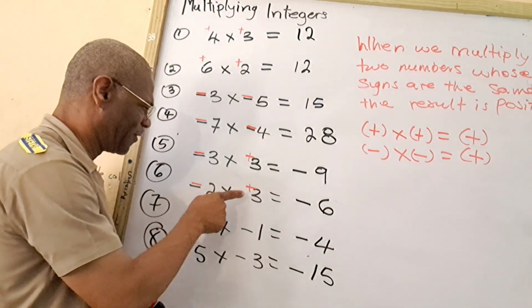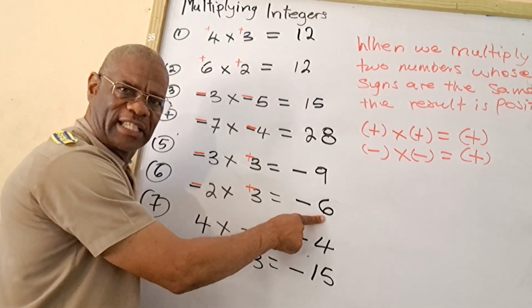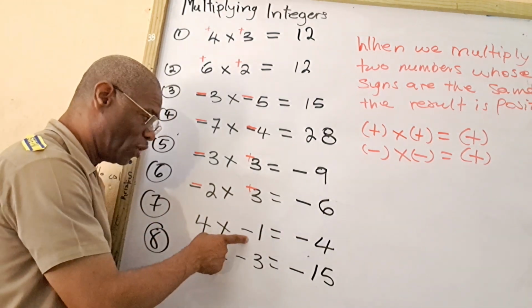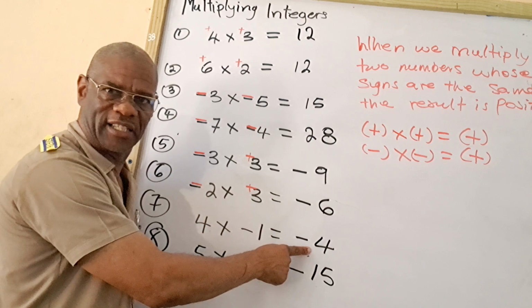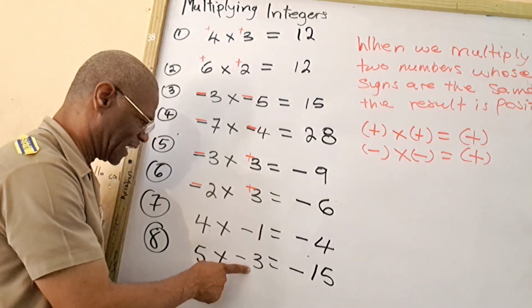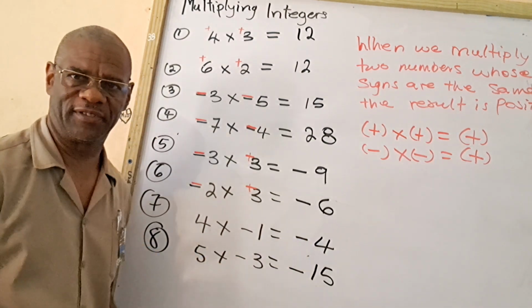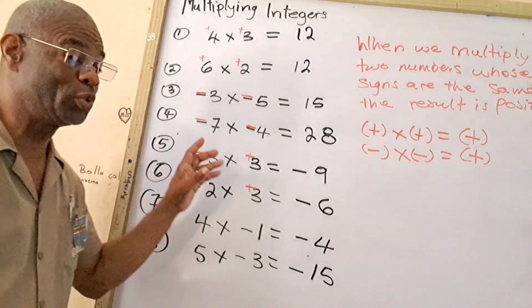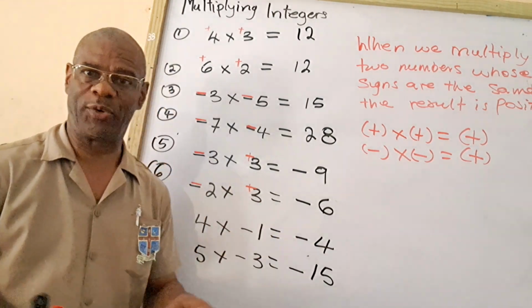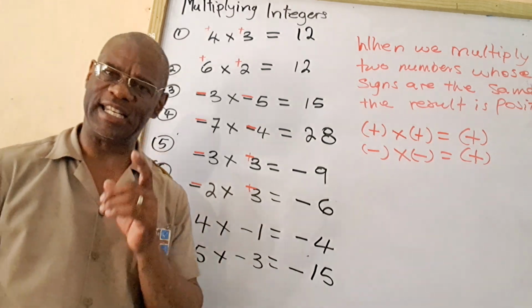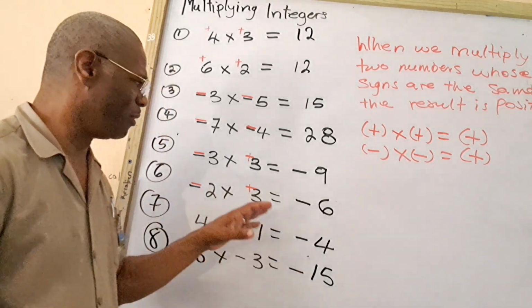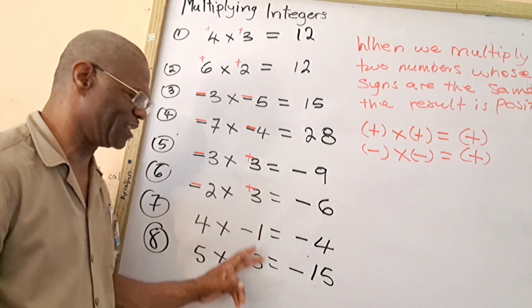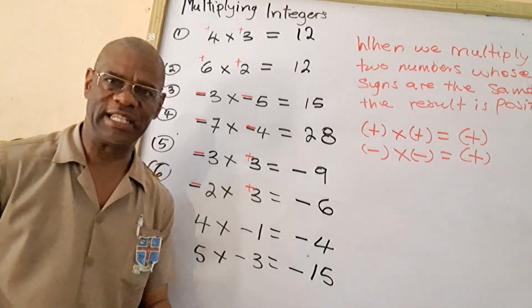The signs are different, the result is negative. Here the signs are also different, the result is negative. So when we multiply two numbers whose signs are different, the result is negative.